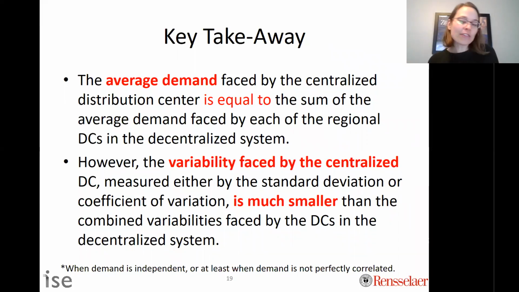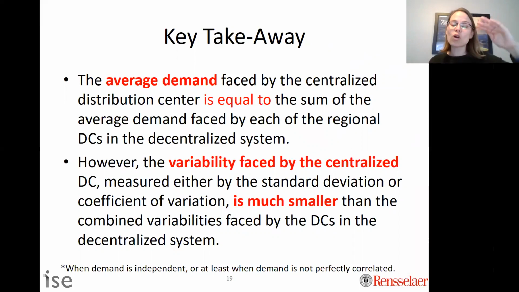And so here's another example of how variability is different. Specifically, the variability faced by the centralized system is much smaller than the variability faced by the decentralized system. And why is that? You can think about it in variability terms.